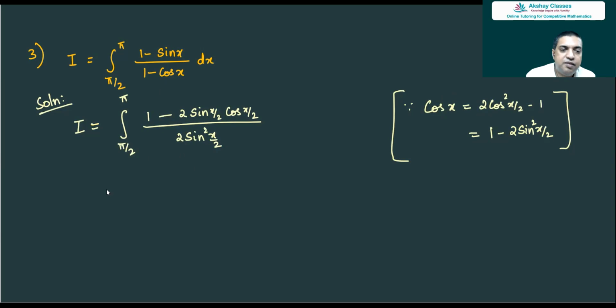So from there we come. So this is the integral from pi by 2 to pi of 1 upon 2. We get cosecant square x by 2 minus, sine cancels, 2 cancels, cos upon sine is cot.